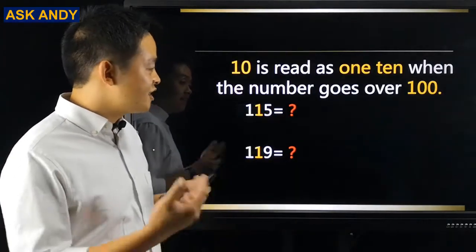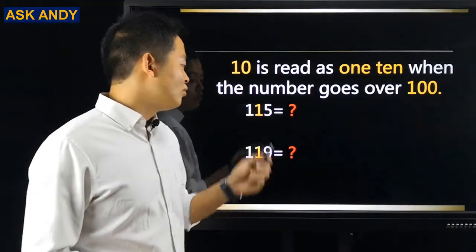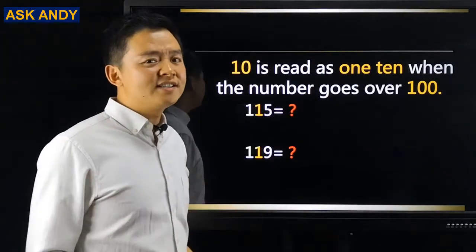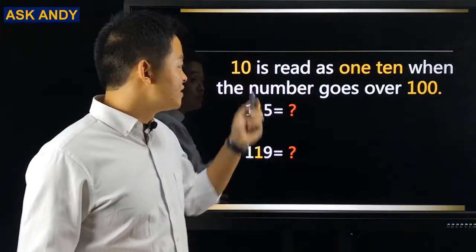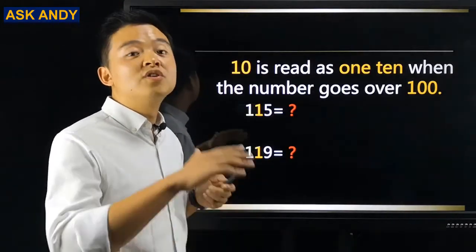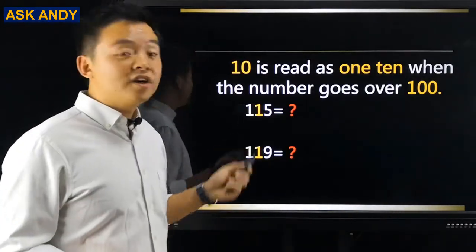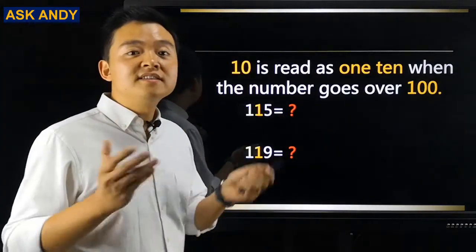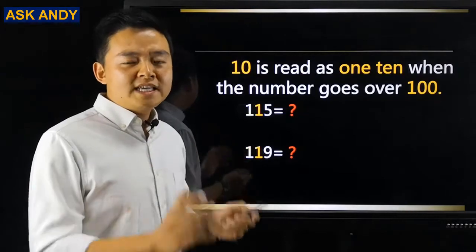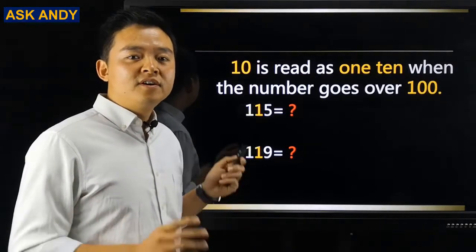And then let's check it. So if you have 115, what would that be? How can you read it? So remember this rule. 10 is read as 110 when it goes over 100. So 115, in your mind, you need to think, that would be 100, 110, 5.